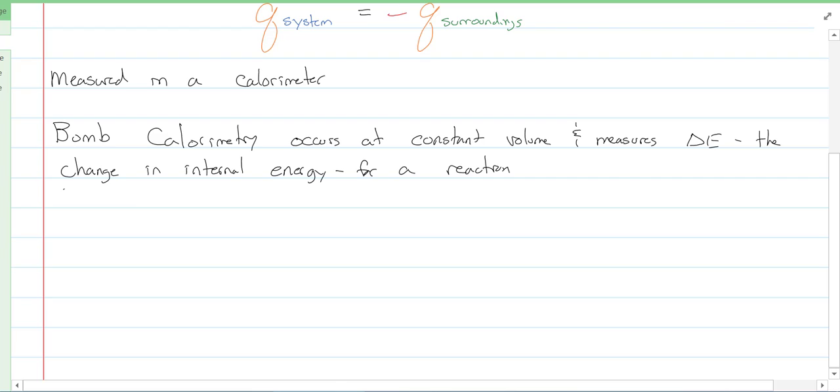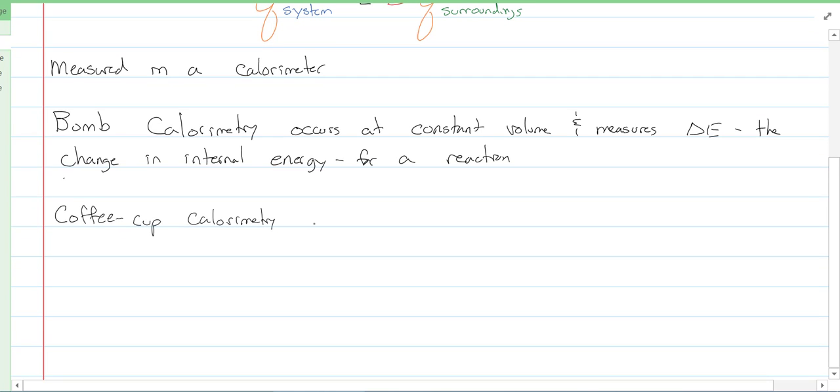The other one is coffee cup. And coffee cup calorimetry occurs at constant pressure and measures the heat of a reaction.